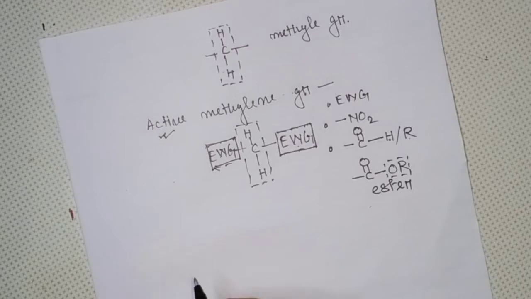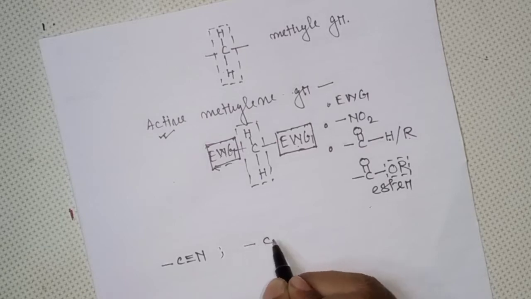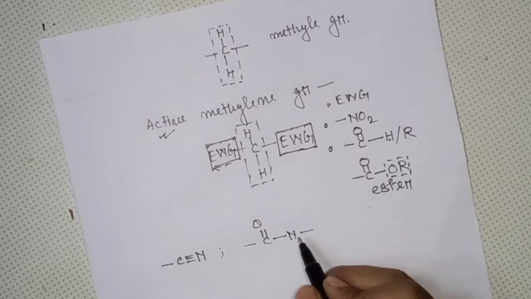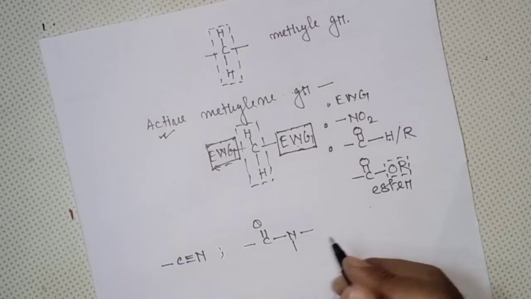Some other groups which can also be considered are C triple bonded N, meaning cyano groups, followed by amide. It can be primary, secondary, and so on.